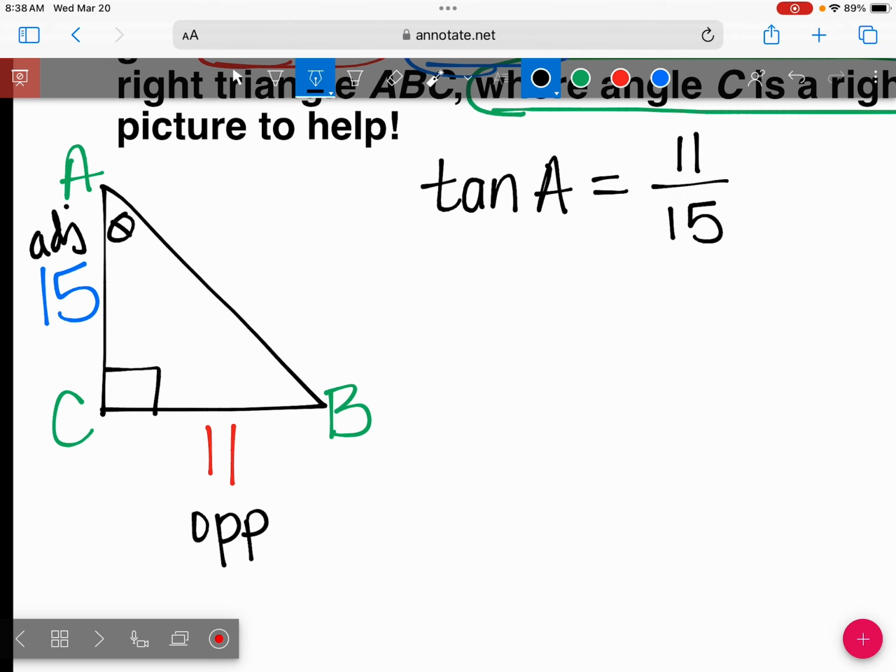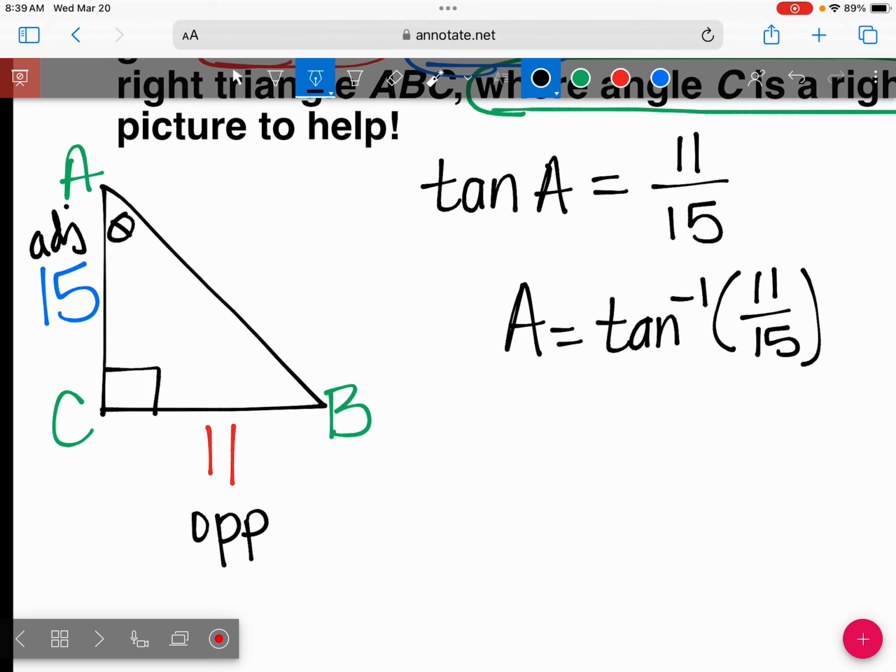So in order to solve for A, I have to take the inverse. That's how I cancel out, because I'm trying to solve for A. To cancel out tangent, I have to put an inverse tangent on both sides. So angle A equals the inverse tangent of 11 over 15. Think inverse is inside. So now you have to hit the second function and then hit tangent.